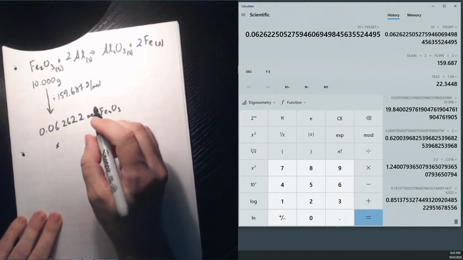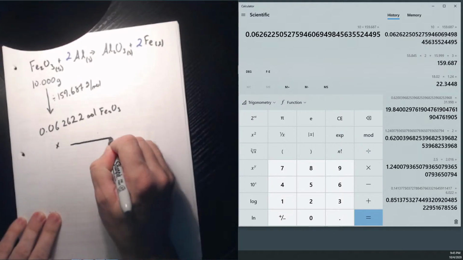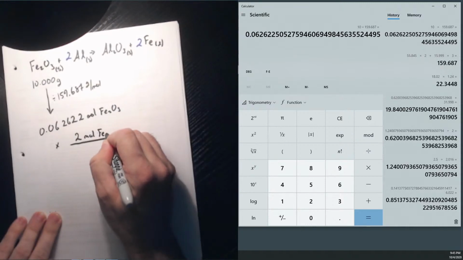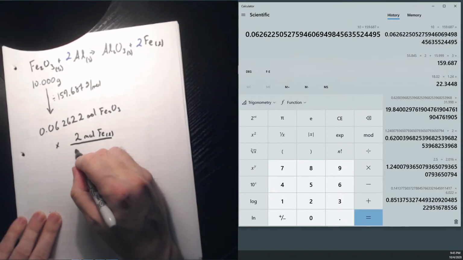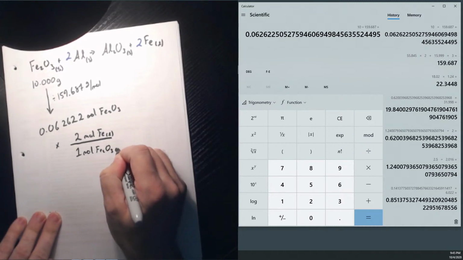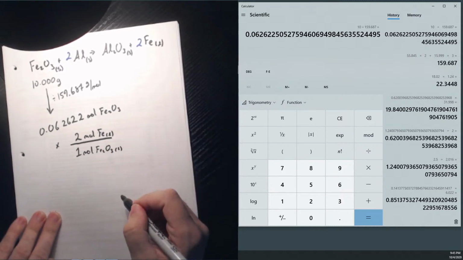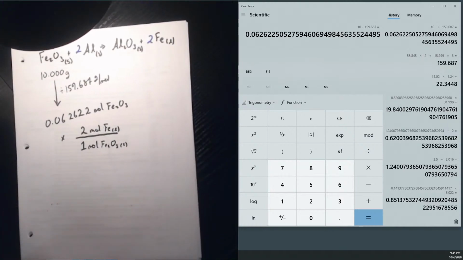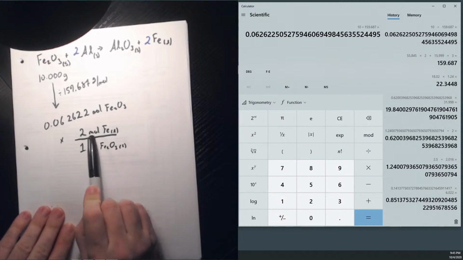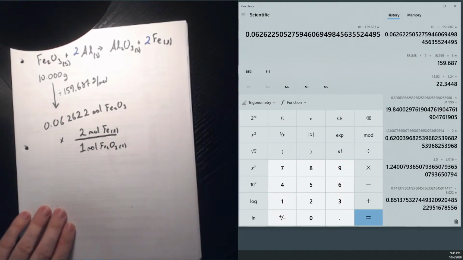We convert using stoichiometry. We will produce 2 moles of liquid iron for every 1 mole of solid rust we consume. Okay. So you see the fact that there are 2 atoms in here and 1 atom there, that's already been taken care of by balancing the reaction. You don't need to do anything else to take that into account.